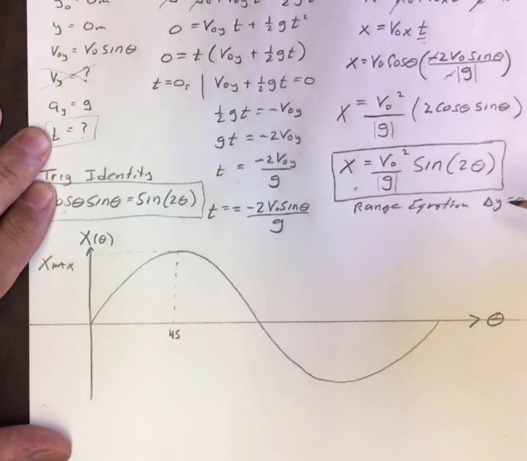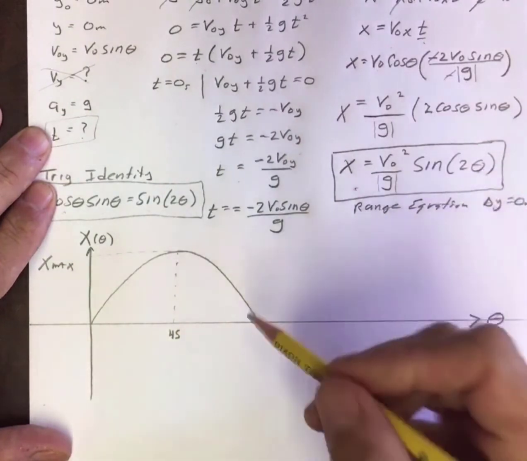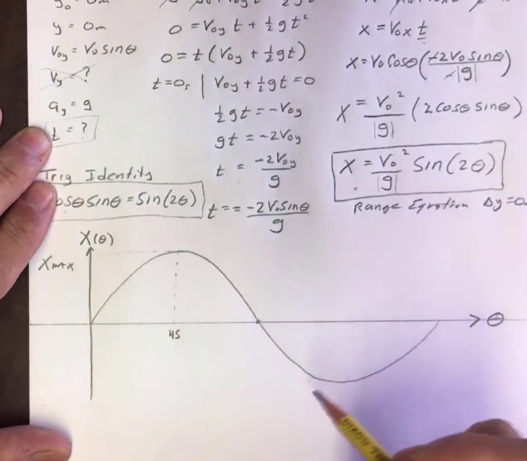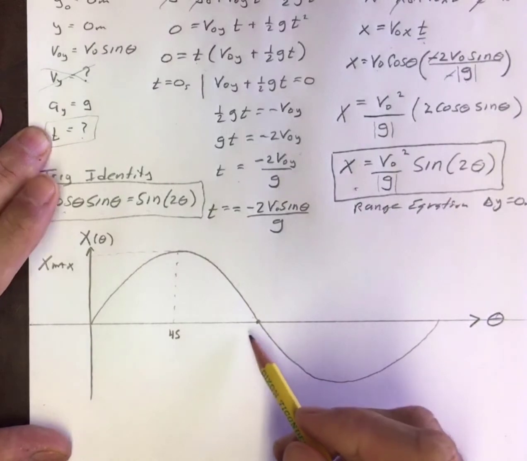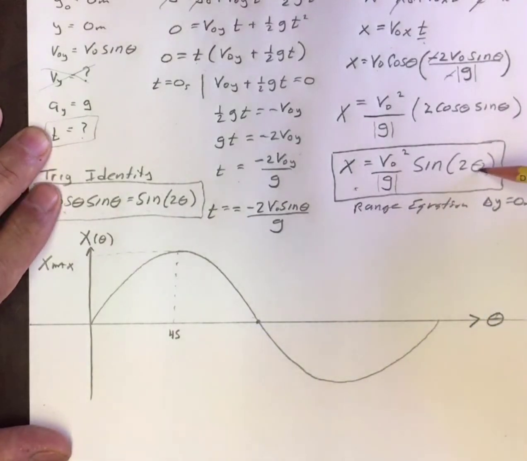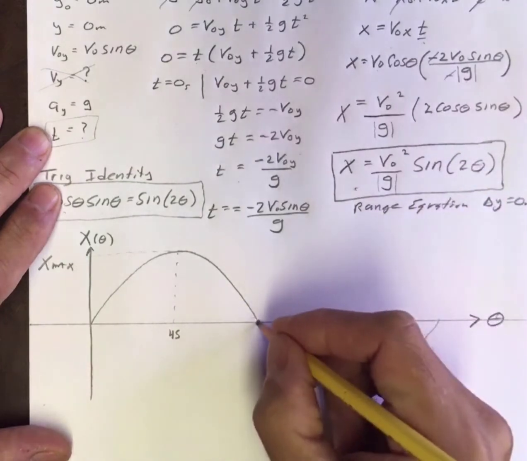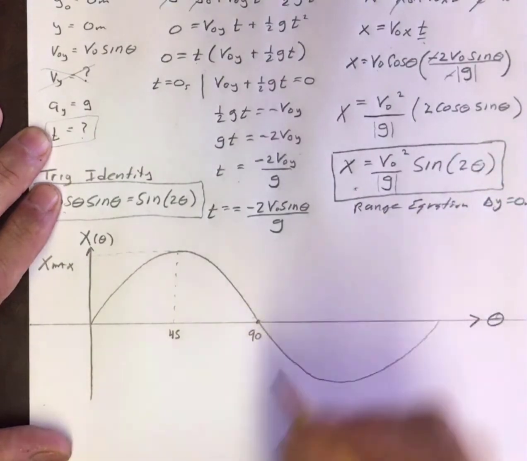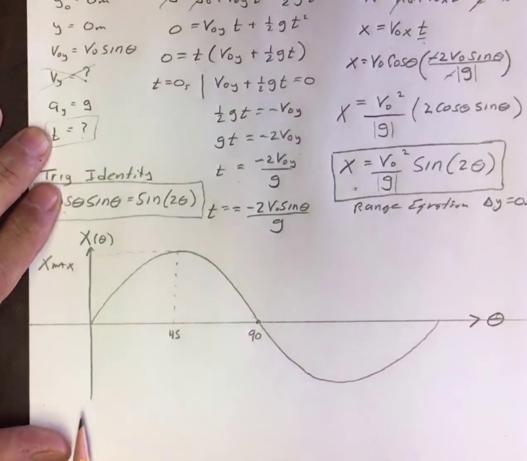And then right here is where the range goes to 0. So if I launch at 90 degrees, 2 times 90 is 180, and the sine of 180 is 0. So this is the 90 degree. That's a launch straight up in the air and straight back down again. Similar to the launch at 0 degrees.